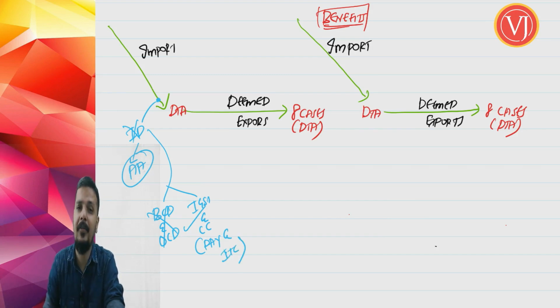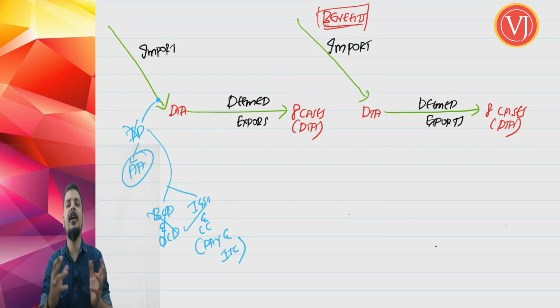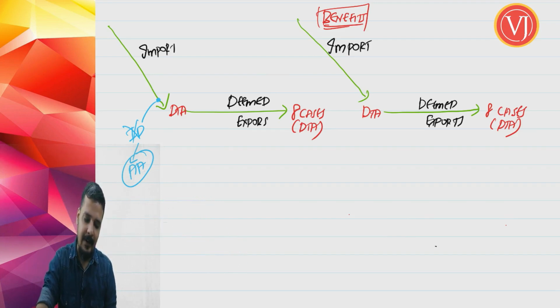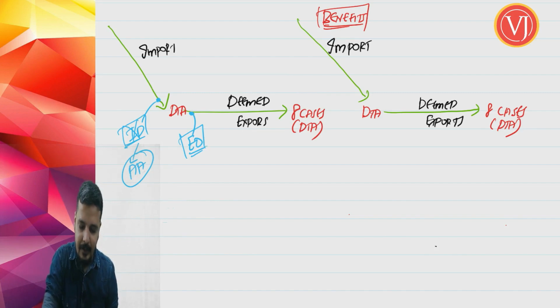Correspondingly, my export obligation, this is all extra point which you have already discussed, will be in FOR value, free on road value, not FAR. This you already discussed when you discuss your advance authorization.